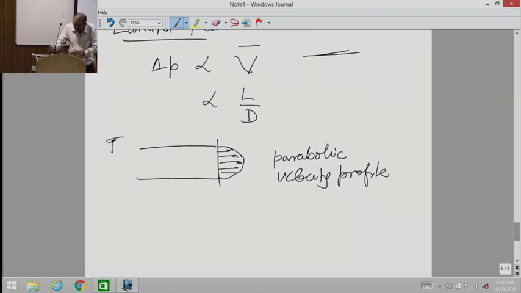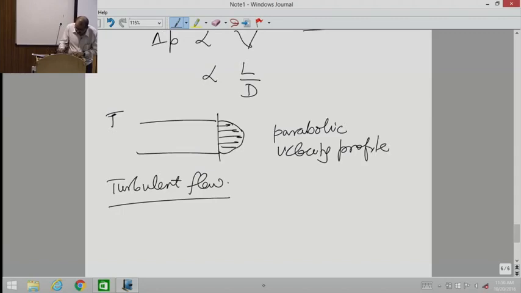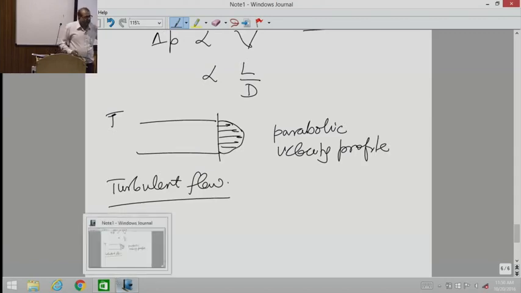Now let us compare this to turbulent flow.